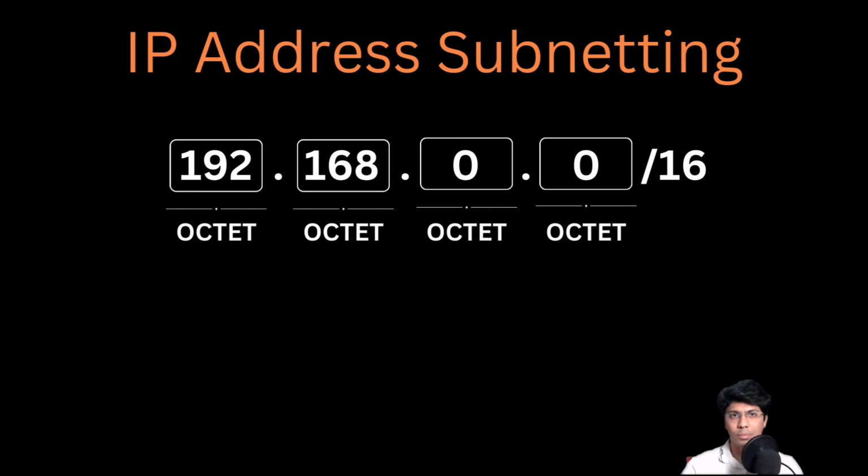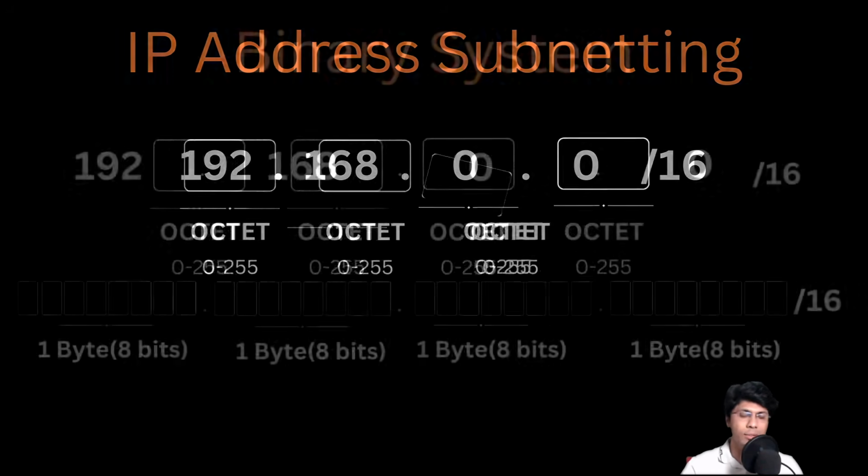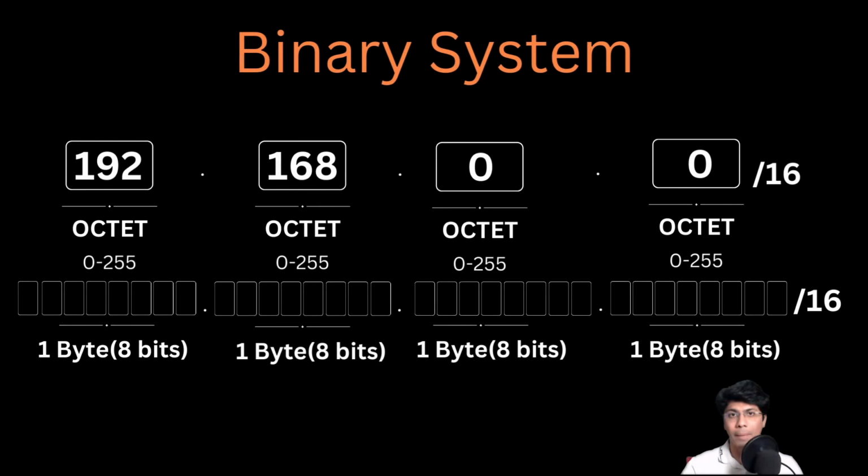The smallest number of an octet can be 0, whereas the largest number can be 255. But isn't it odd to call a number an octet, which refers to 8? This is because an octet refers to 8 digits, but in binary instead of decimal.